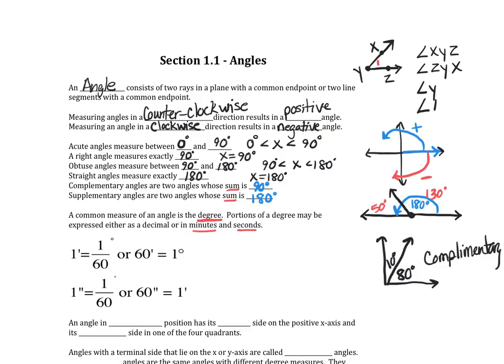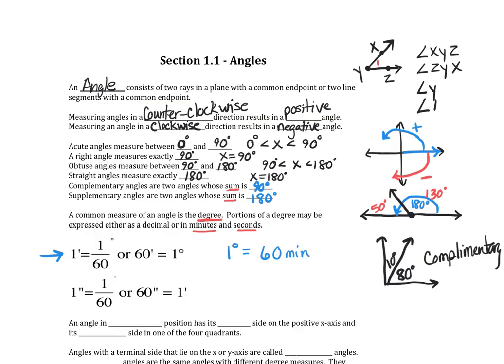In this first part, this represents 1 minute is equal to 1/60th of a degree. I like to also show it this way: 1 degree is equal to 60 minutes.